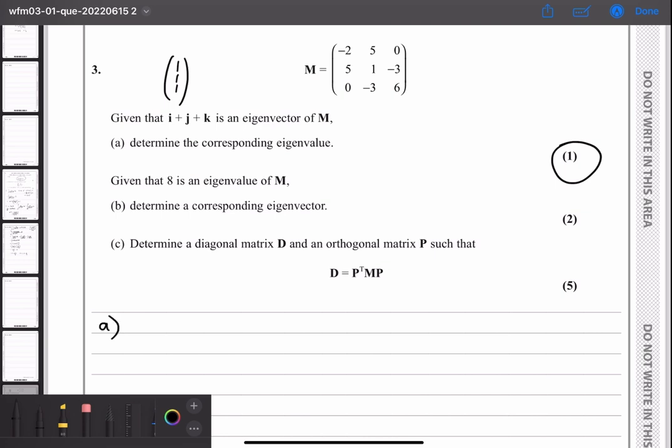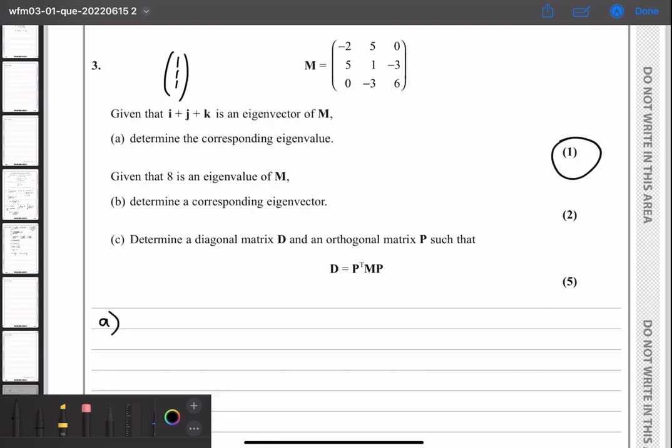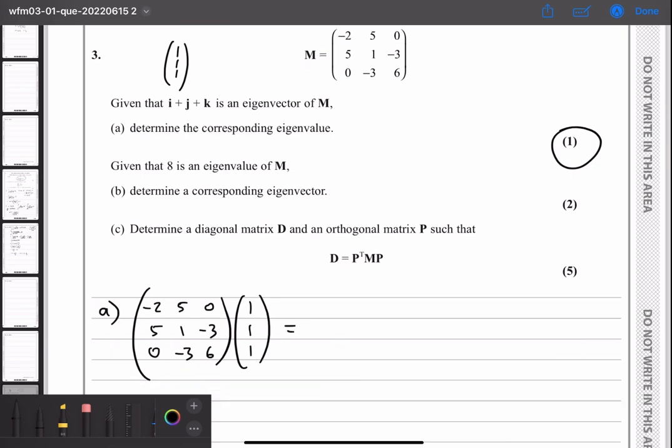Okay, here to find the eigenvalue, we just need to apply the matrix to the eigenvector. So we have minus 2, 5, 0, 5, 1, minus 3, 0, minus 3, 6, applied to 1, 1, 1. Minus 2 plus 5 plus 0, minus 2 plus 5 is a 3.